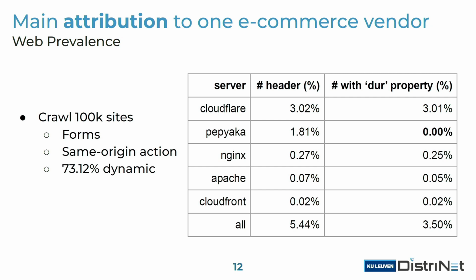So, for example, this excludes forms that are included for instance, of Google Forms. And we saw that actually 73% of the websites we crawled are dynamic in nature according to this metric. And this will be a lower bound because we didn't parse all of the endpoints of these websites, just a couple.